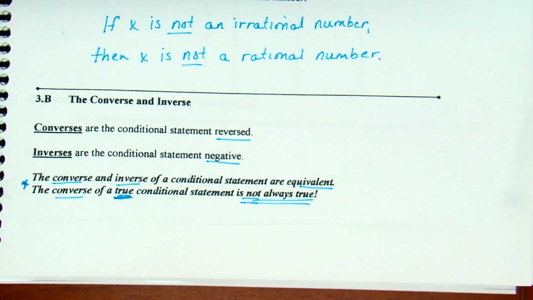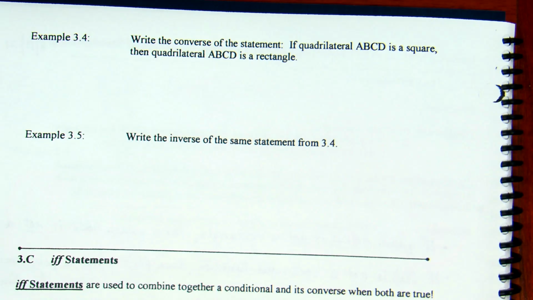Okay, and I think we have to write some converses and inverses on the back side, don't we? So, example 4, write the converse. If quadrilateral ABCD is a square, then quadrilateral ABCD is a rectangle.